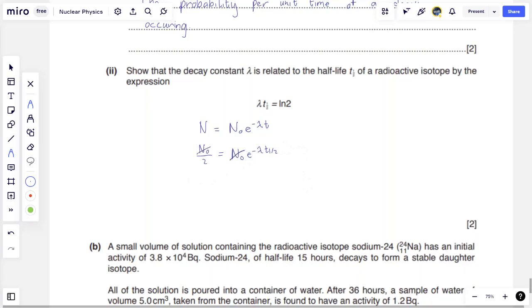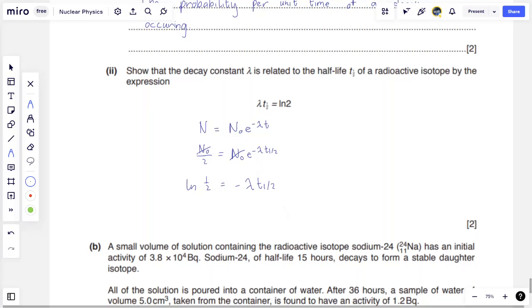I can say goodbye to the N-naughts. I can also ln both sides. ln half, or log half, is minus lambda T half. There isn't a minus sign in the equation above.